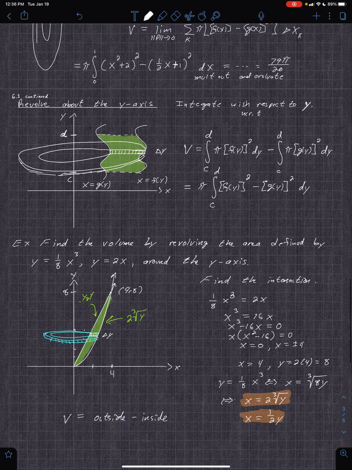So now you're basically following this. We know the outside radius, inside radius, revolving about the y-axis. Frankly, I would go right to this one and then maybe just factor later. I would just say it's 0 to 8.